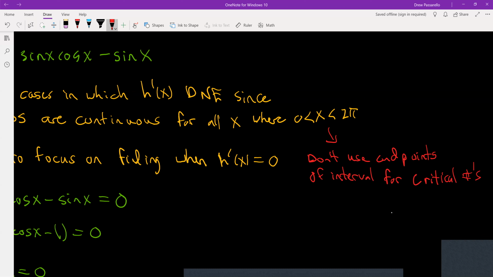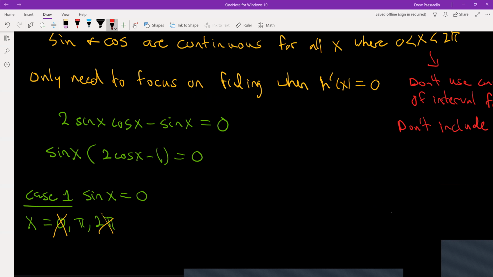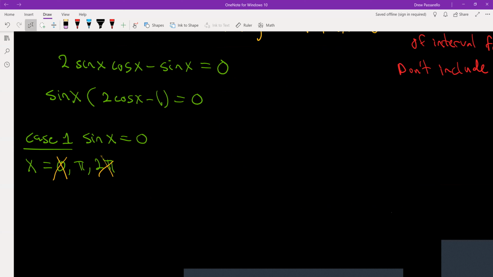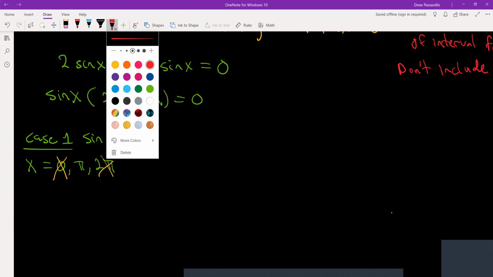So we don't include 0 and don't include 2 pi when we're finding the critical numbers. All right, so that produces only pi for case 1.